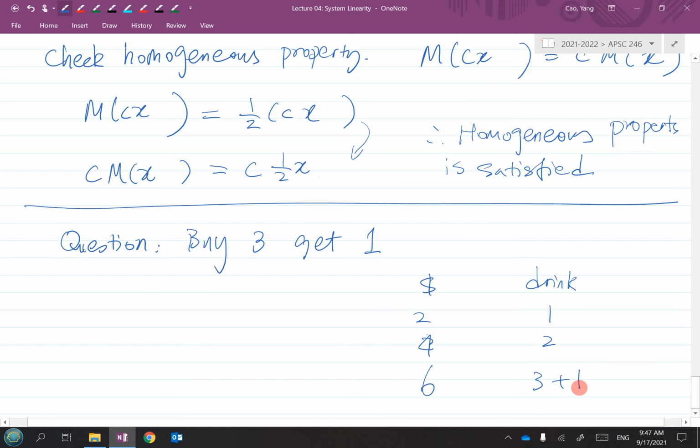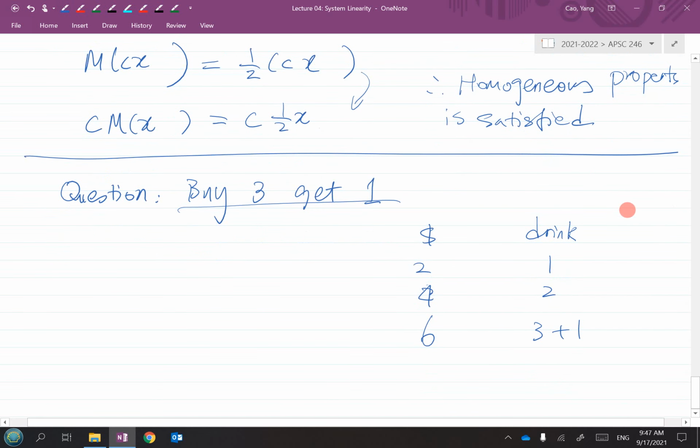So what would be the system linearity for the Starbucks coffee when it's on promotion? How do we check that? Okay. So I'm going to use a very similar approach, but unfortunately, we cannot arrive at a single math expression for the current rewarding system.